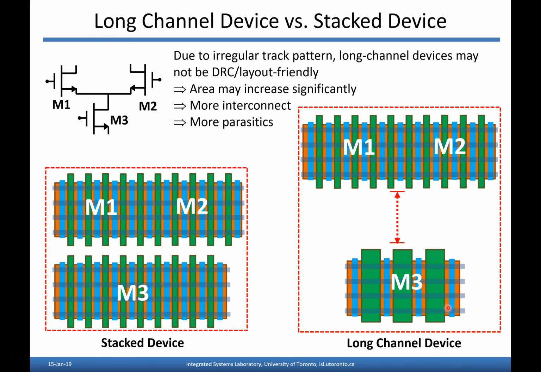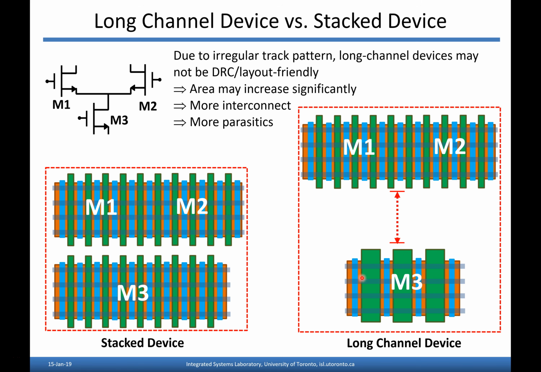So if you wanted to realize M3 as a longer gate length, the layout would end up looking something like this. You could have your diff pair up here, then you'd have to have a ton of space and have the tail current down here. Then you'd have to route all the source connections all the way down to the tail current, and you'd end up with so much extra capacitance just from the routing that you'd probably lose whatever benefit you were getting in the first place.